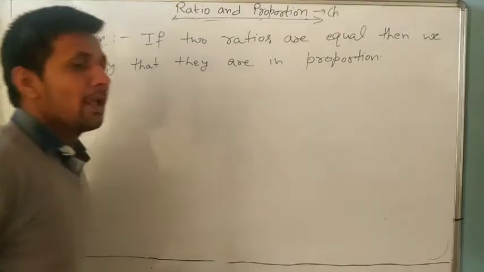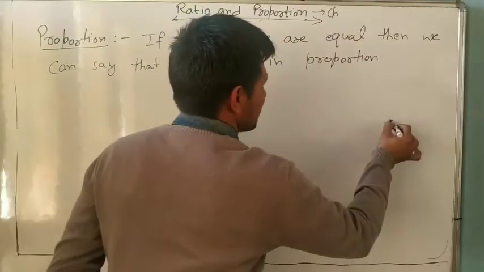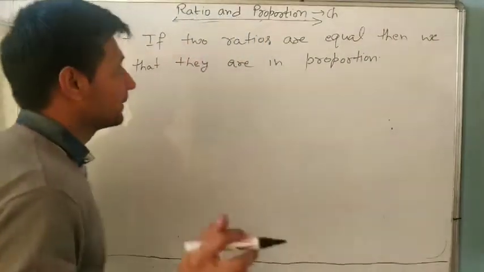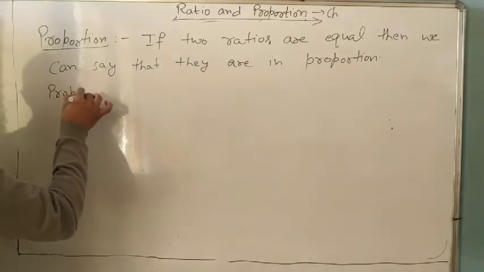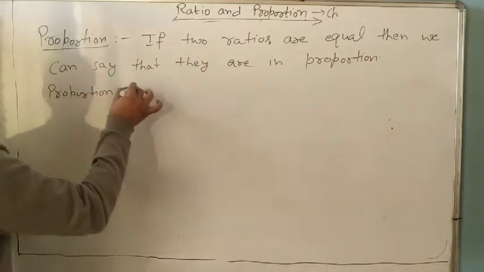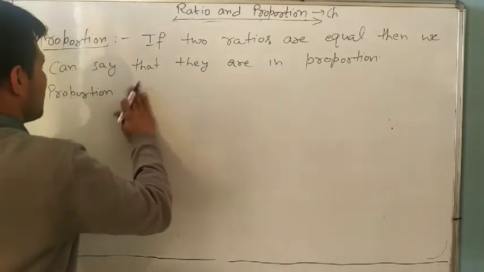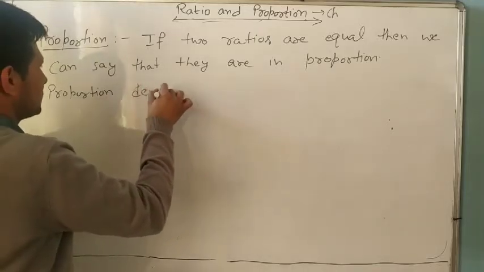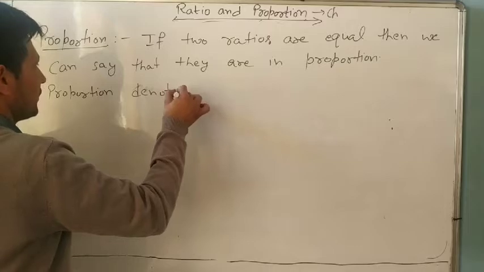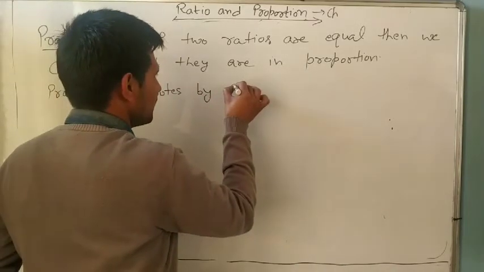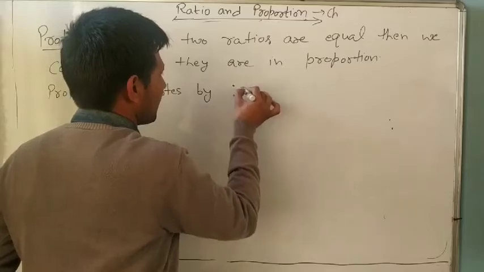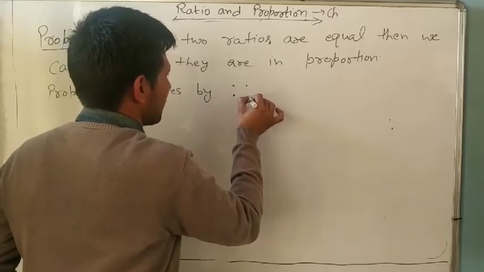Everyone knows a ratio is denoted by two dots, but proportion is denoted by four dots, like this one.